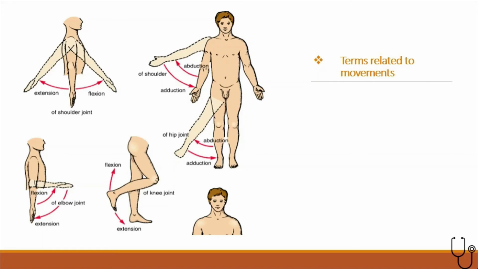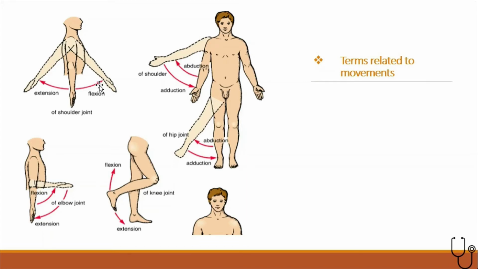The examples are flexion, extension, abduction and adduction. We will look at that. The first one is flexion. You can see in this image, this is the upper limb, and in flexion of the shoulder, the upper limb is taken forwards. It means to the anterior side.